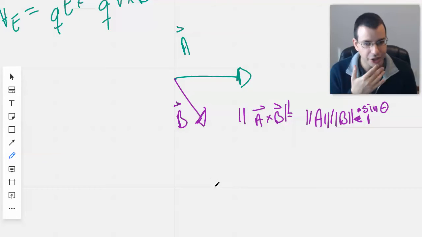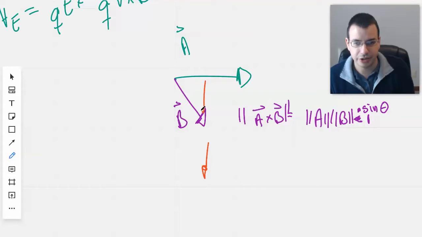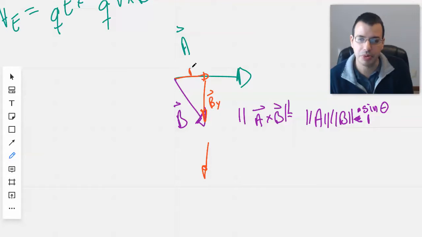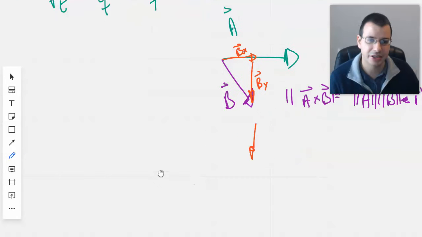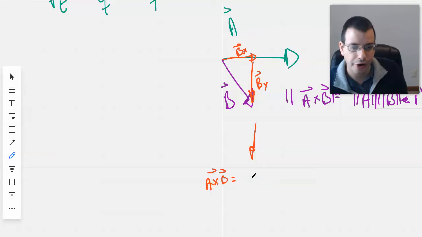One other way you could look at this is to break down this B vector into, let's say, By, because it's kind of in the y direction, and Bx, kind of in the A direction. You could say that A cross B equals A cross Bx plus A cross By.